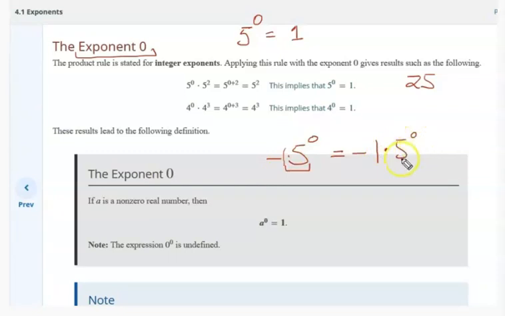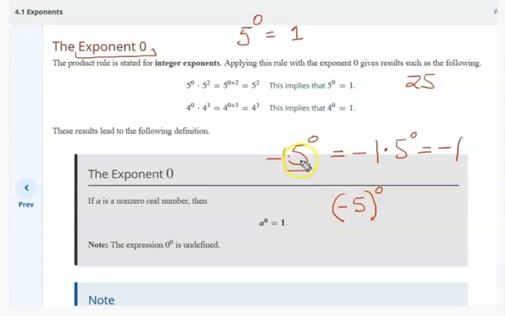So 5 to the 0 is 1, times a negative 1, this becomes a negative 1. Now, again, to give you background, if you had something like this in parentheses, because now the base is negative 5.